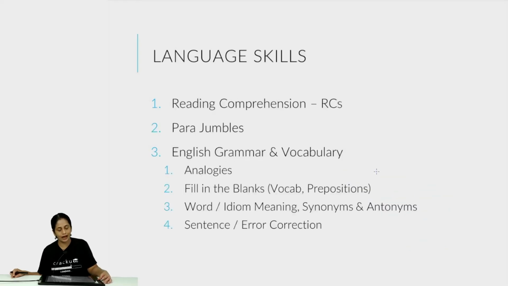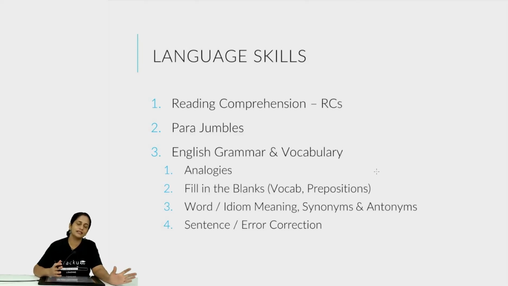Now let's take a look at the syllabus. We'll start with language skills. Language skills is pretty similar to the verbal and reading comprehension sections, the VARC section of CAT. It is very similar to the English section of XAT. So it's something that you would have a lot of comfort with to start off with.